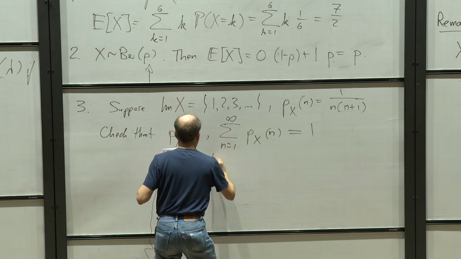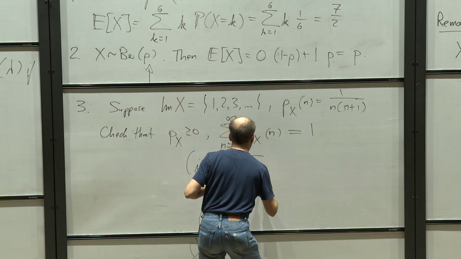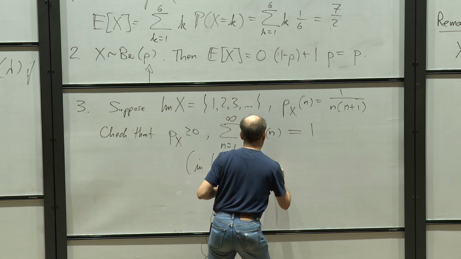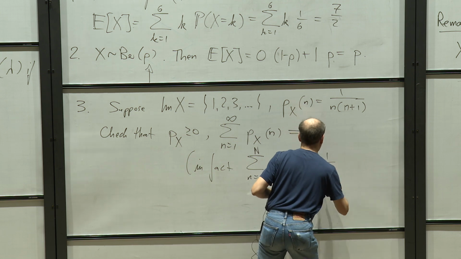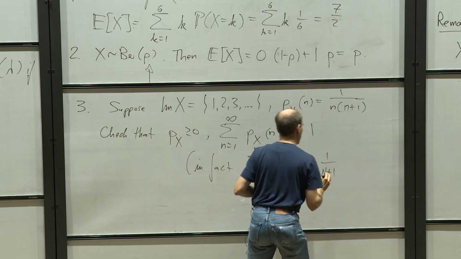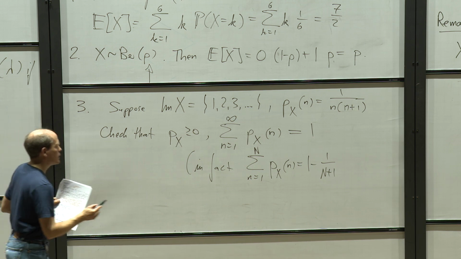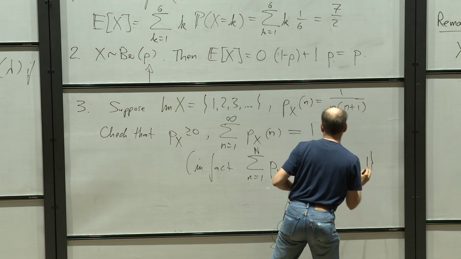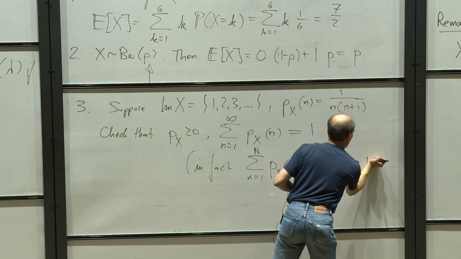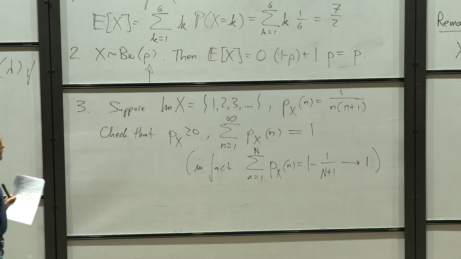Well, in fact, if you are taking the finite sum up to capital N of those p_X(n)'s, it turns out you get 1 minus 1 over N plus 1, and that does tend to 1. And so this is the meaning that we have a series that sums to 1 in this case.